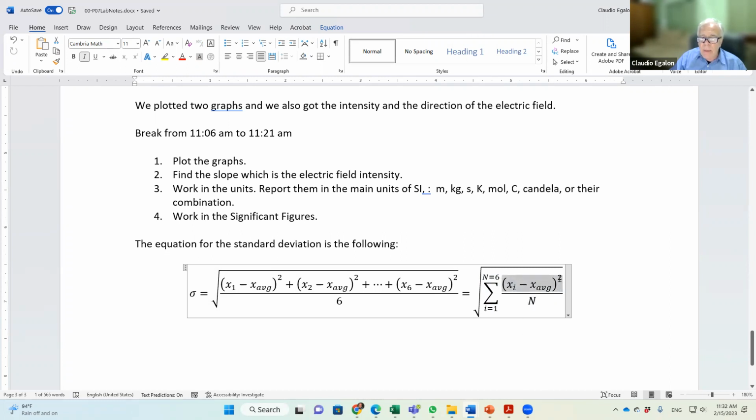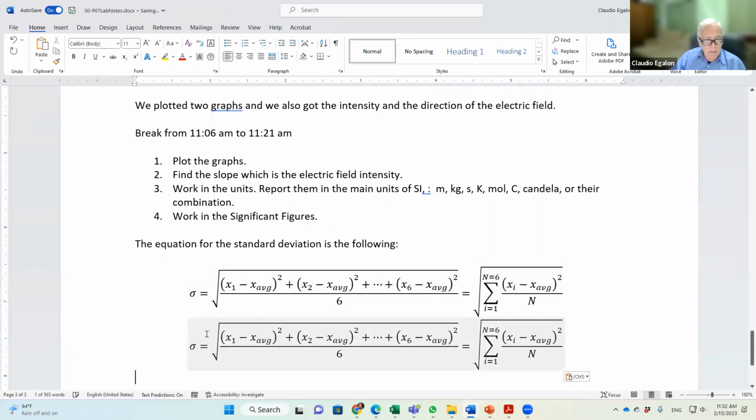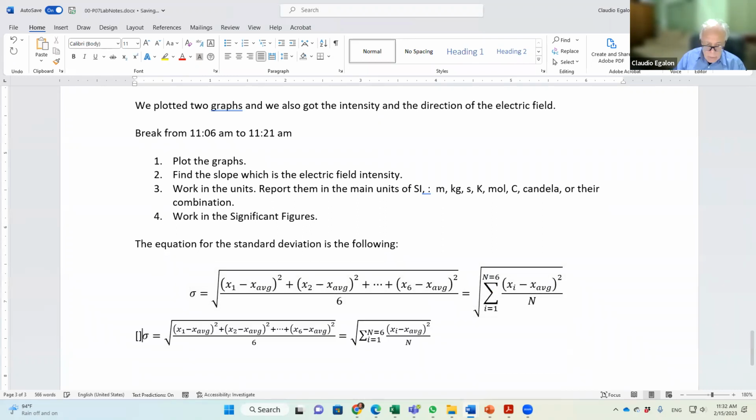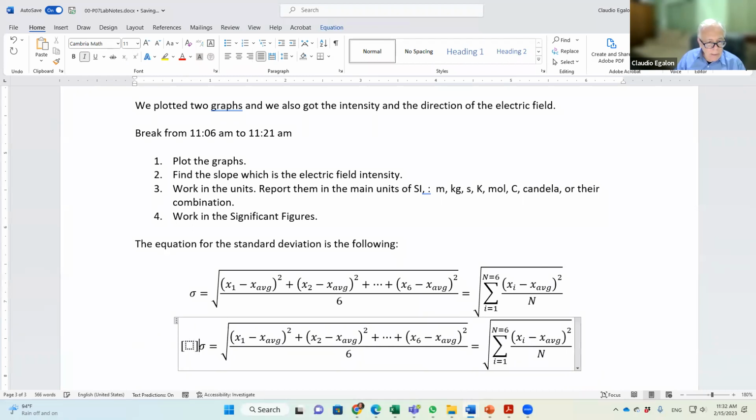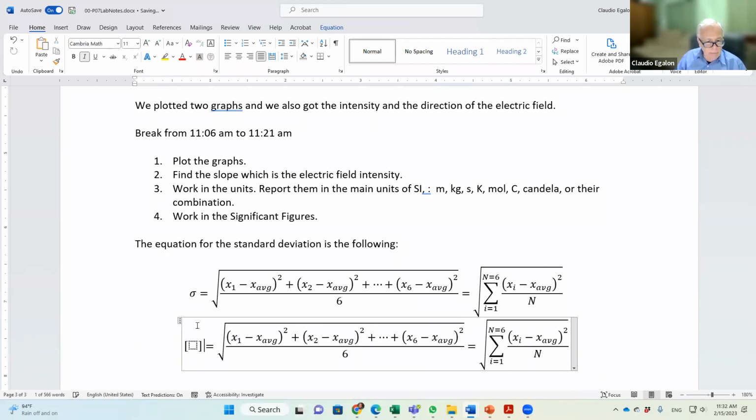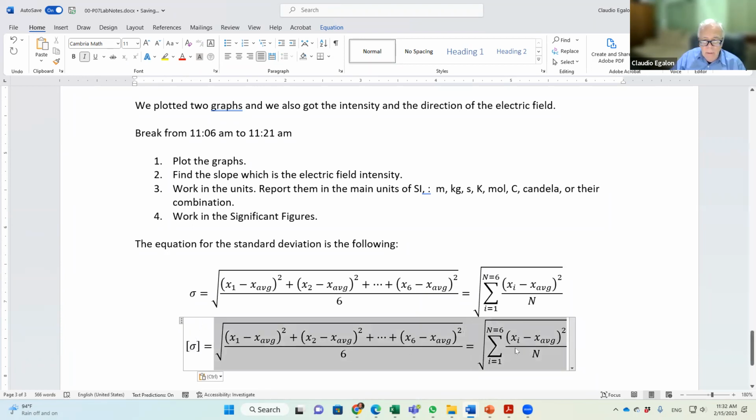Meter gets squared. When you sum all of that, you still get meter squared. Take the square root of meter squared, you get meter. So the unit of the standard deviation of your quantity is meter.